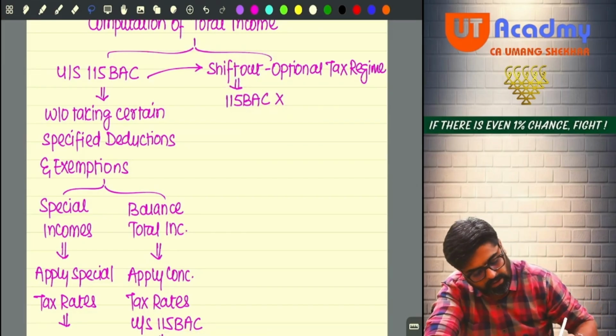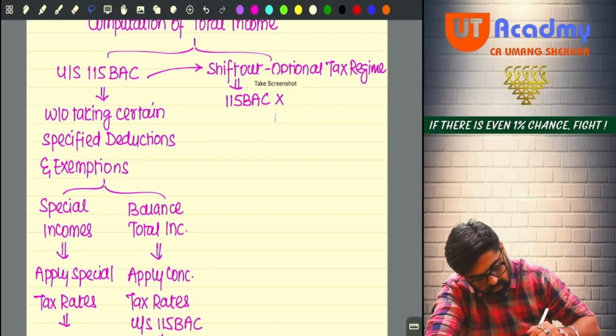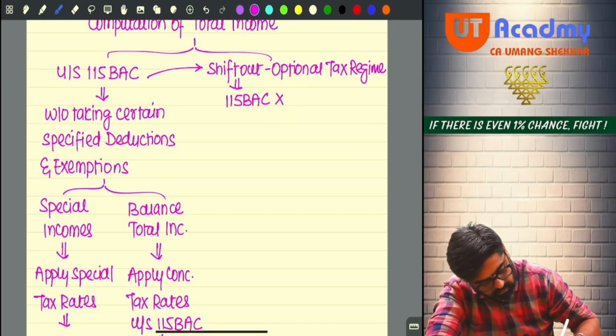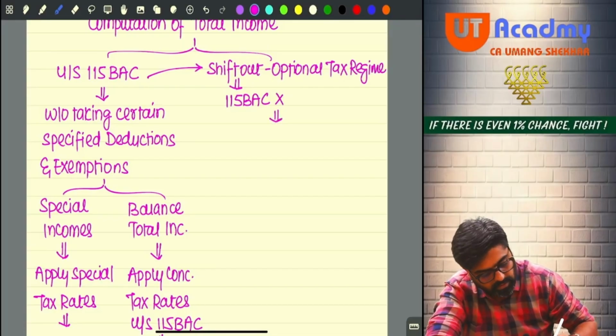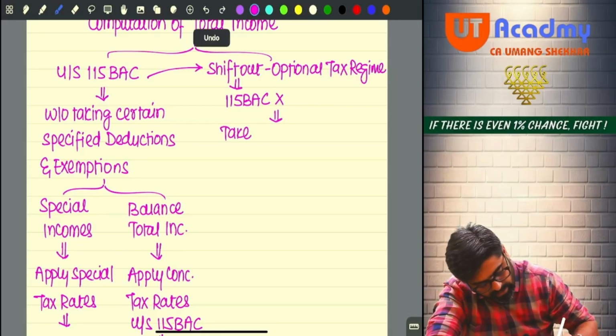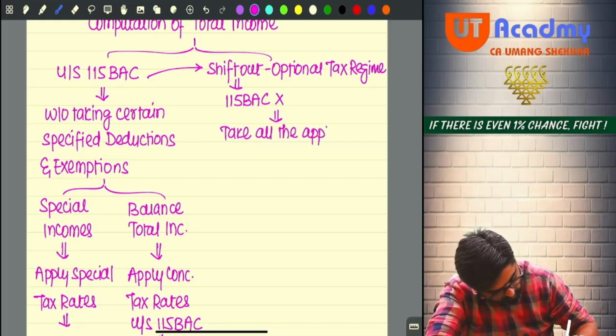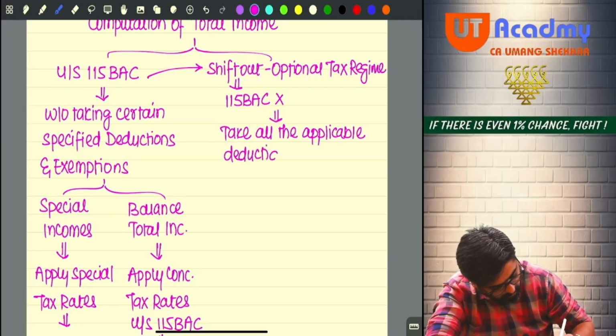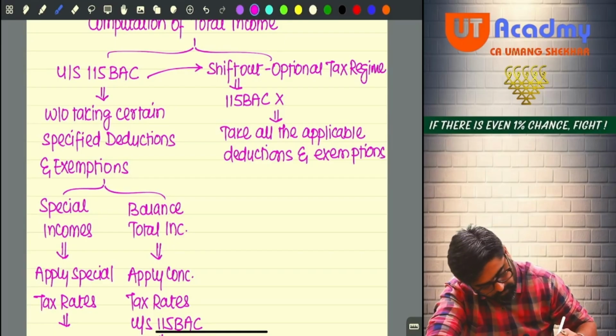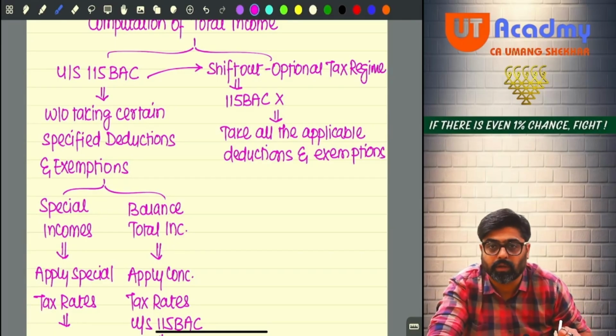Now in the optional tax regime, take all the applicable deductions and exemptions, and you will get your total income.